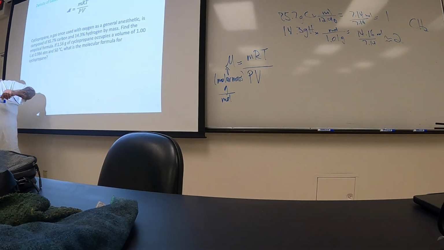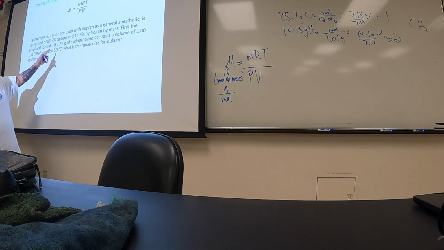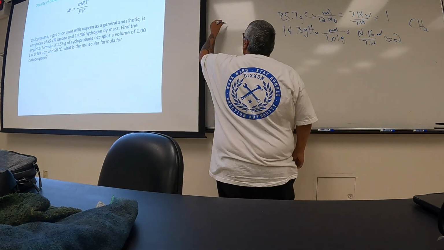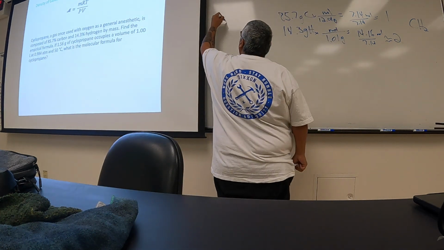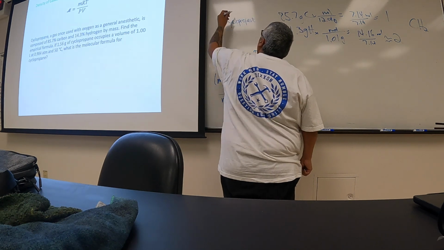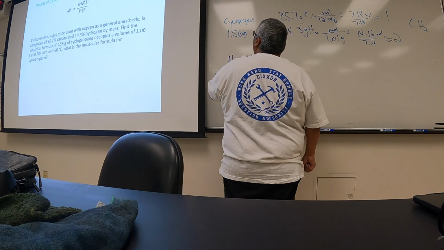Now we need to find the molecular formula. So here, if we have 1.56 grams of cyclopropane, let's get that information on the board. With cyclopropane, it is 1.56 grams.